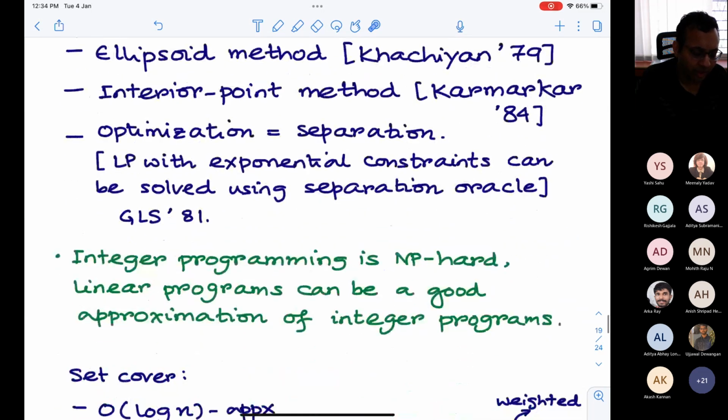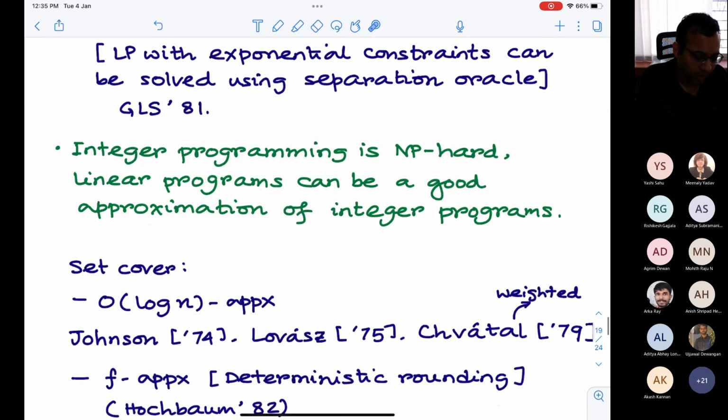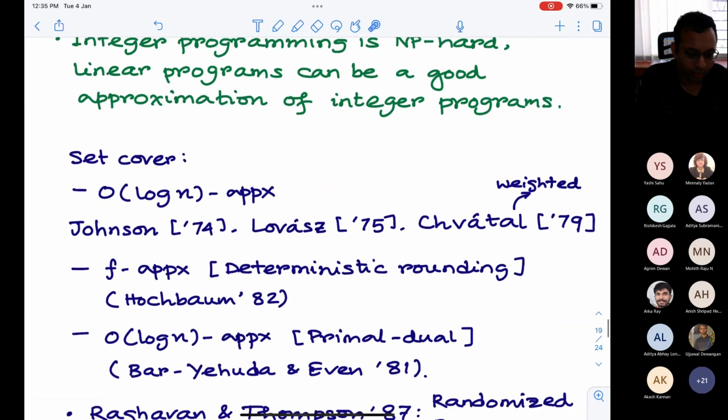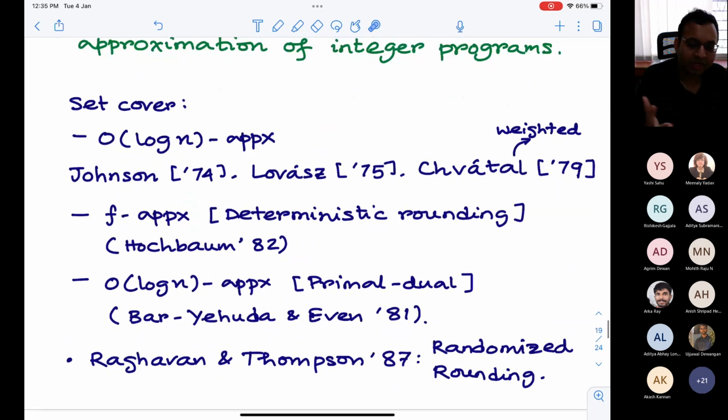This was very useful because integer programming was NP-hard and linear programming was a good approximation for integer programs. So people could solve a linear program and use that to obtain good approximation algorithms for other problems. We'll talk about integer programs in detail in 2 or 3 weeks, and then it will be more clear. But these techniques were very helpful.